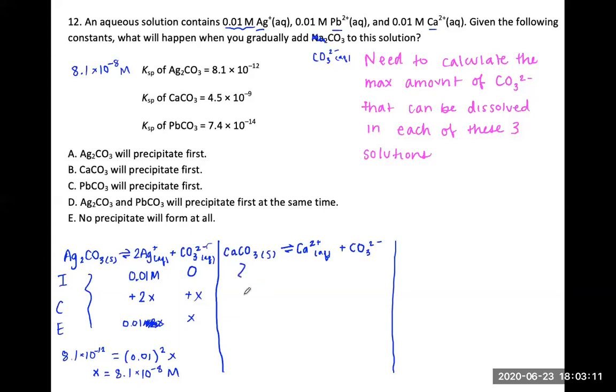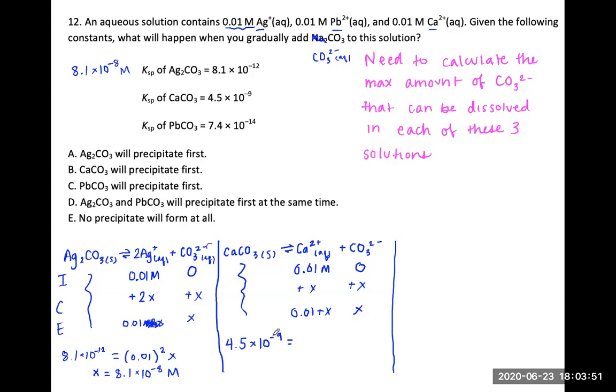Okay, so again, we can ignore the solid in our ice table. We'll put 0.01 here because that's how much we're told we start with. 0 of this, and we can think, okay, I'm adding 1x of that, 1x of this. So we'll have 0.01 plus x and x. We see that our KSP from above is 4.5 times 10 to the minus 9th.